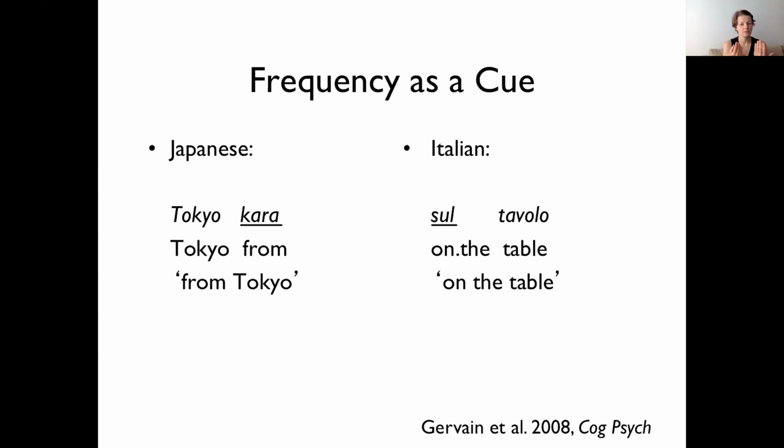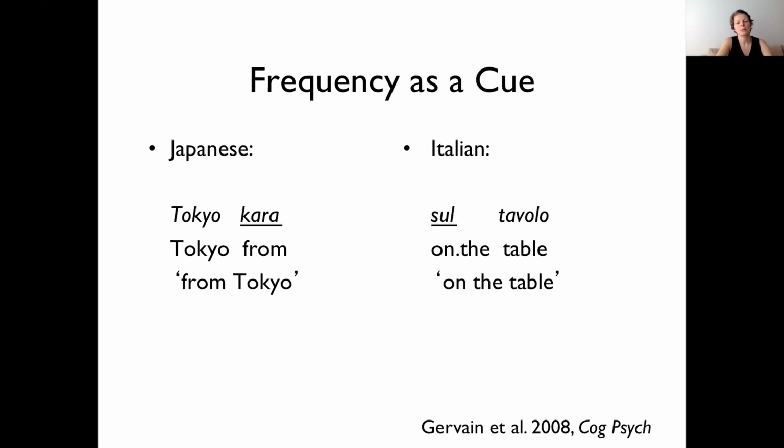In functor initial languages, frequent words will occur at the beginnings of utterances. So statistically, in a statistically important large number of the utterances.